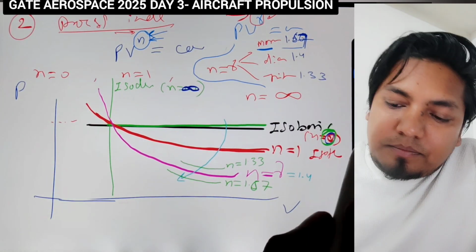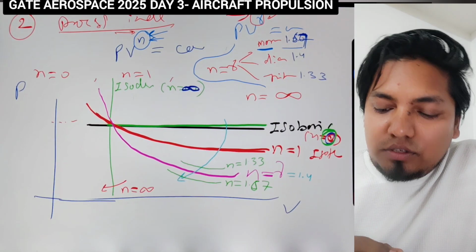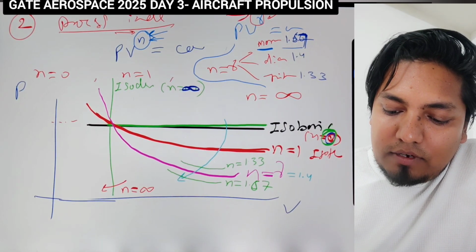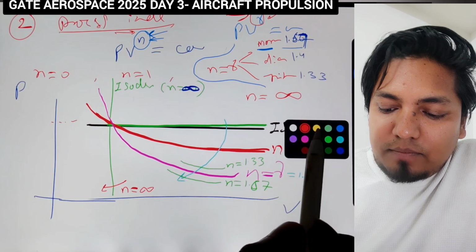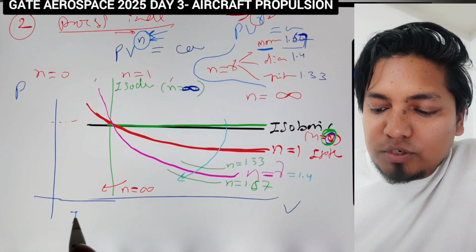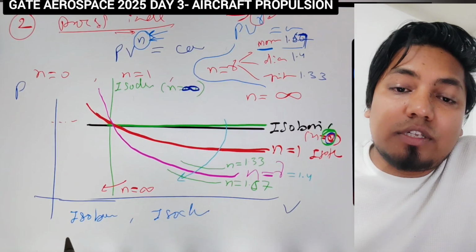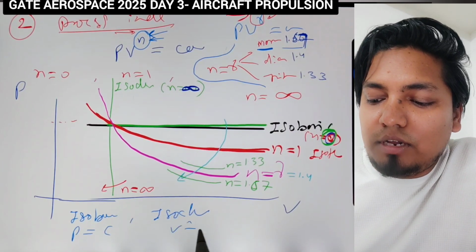Everything is clear? So how many popular processes may you have heard? You may have heard isobaric, isochoric. Pressure is constant, volume is constant. They are also known as constant pressure process and constant volume process. Constant temperature process is isothermal.